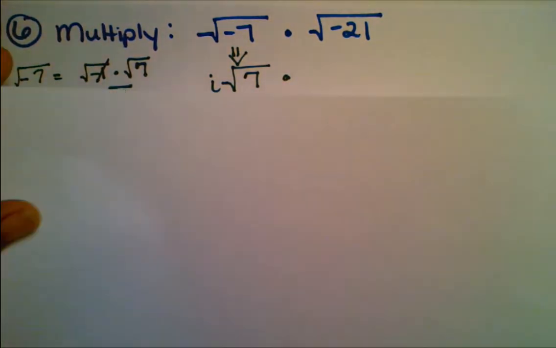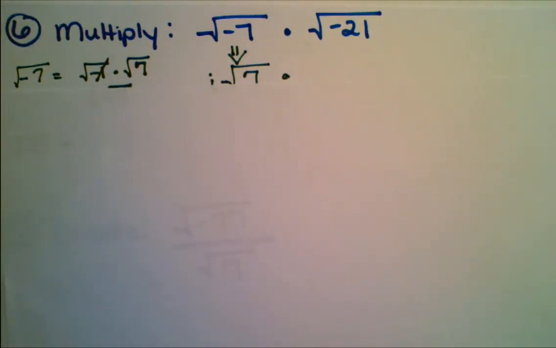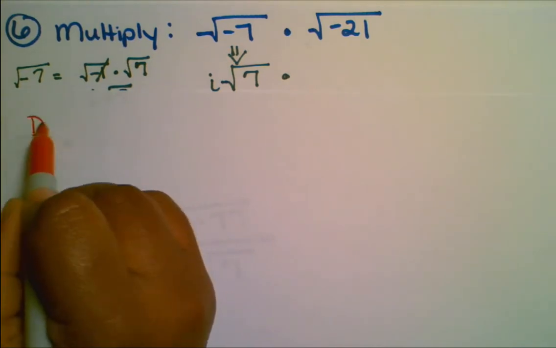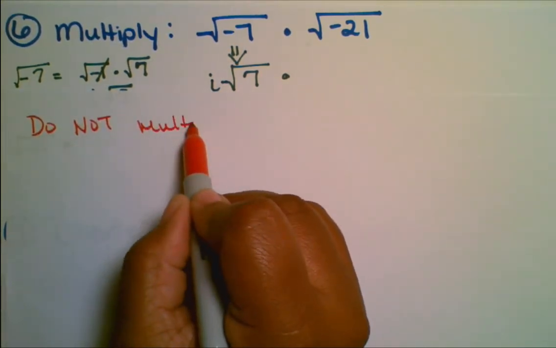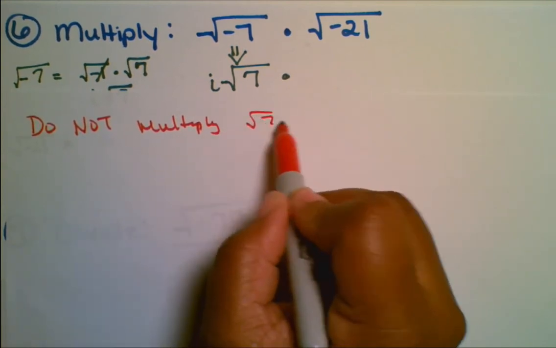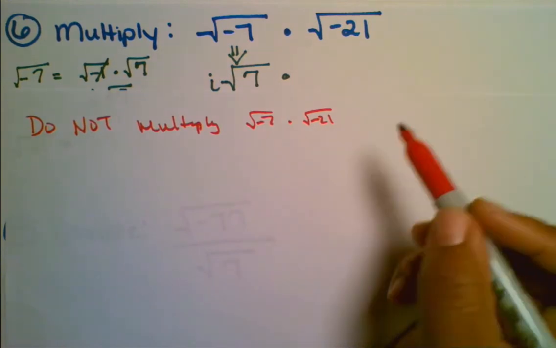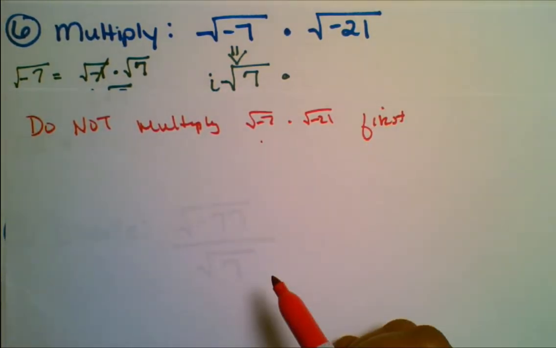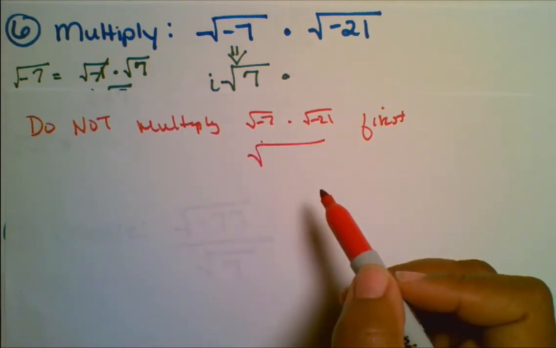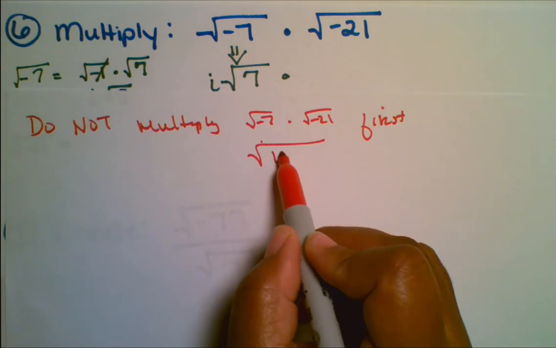Do not multiply the square root of 7 times the square root of negative 7 times the square root of negative 1 first, and then say the square root of positive 147.